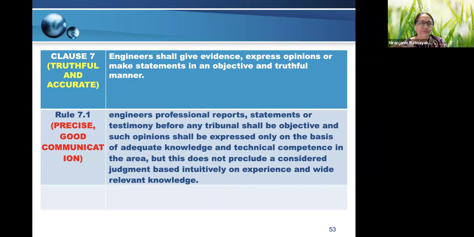In such a situation, you may use your sound judgment, if you have the experience and you know that you can express it, but not just because someone else is saying something or you read it on social media. You have to be convinced of what you're saying, and it should be precise, good communication, right?